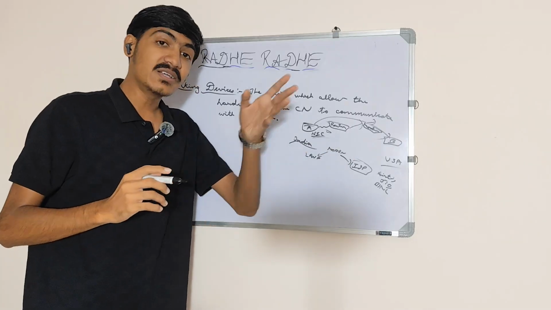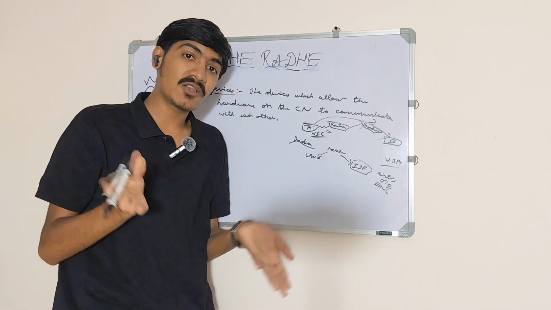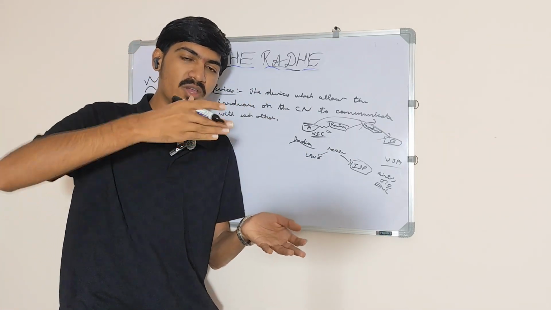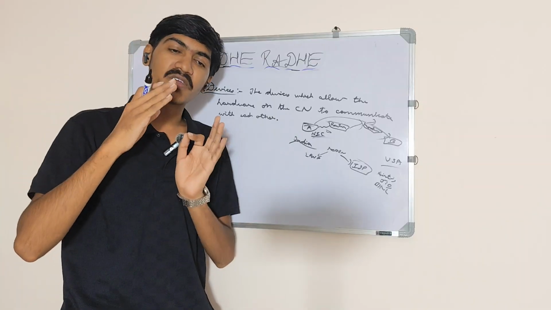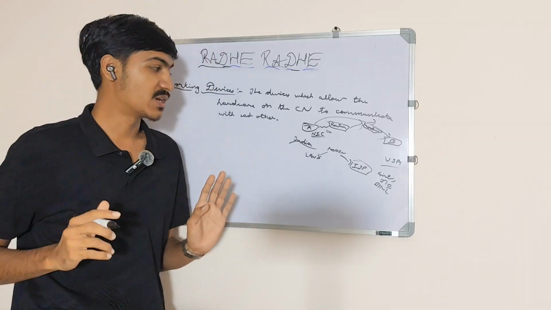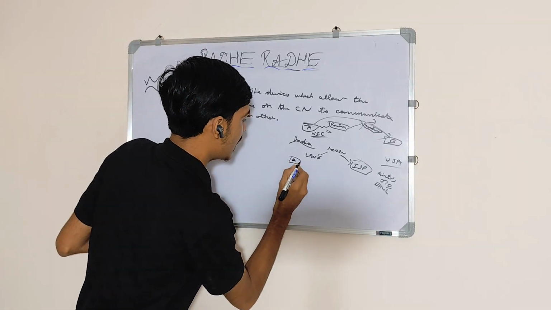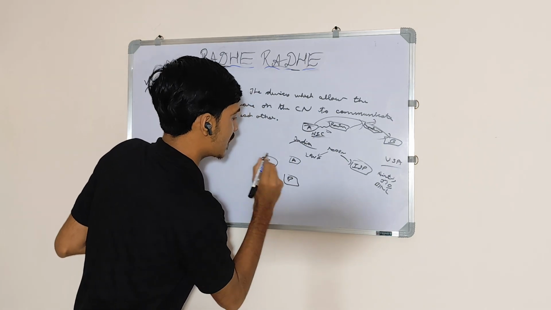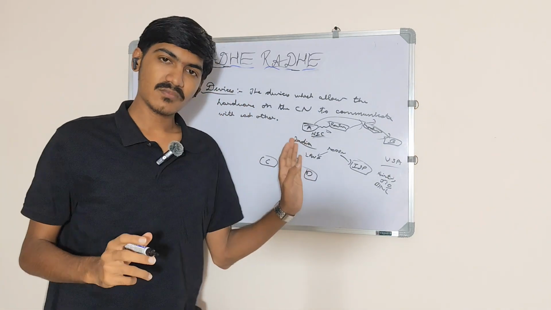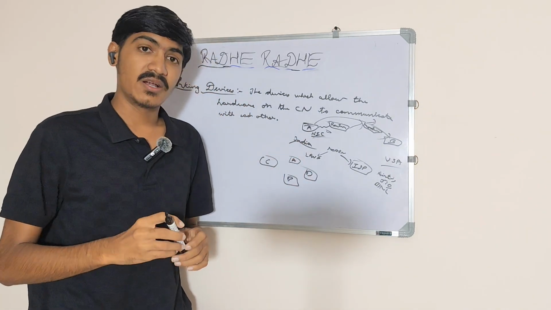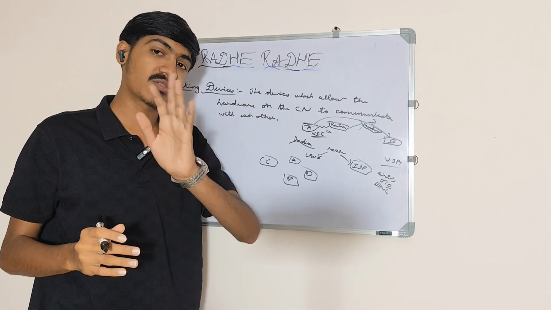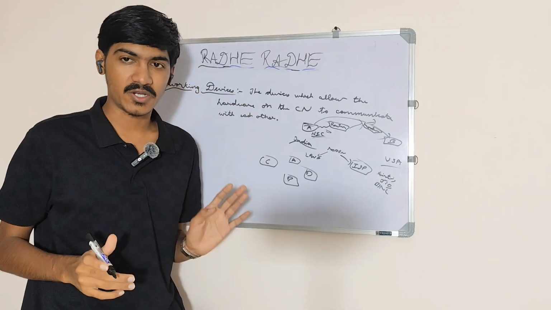And we have some devices within the local area network. If we have one LAN, we have some devices within the LAN which enable effective communication. For example, suppose I have one LAN with A, B, C, D interconnected. Within a LAN we have a set of devices which allow effective communication.